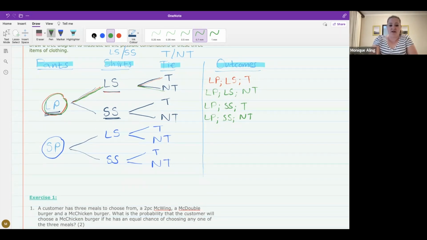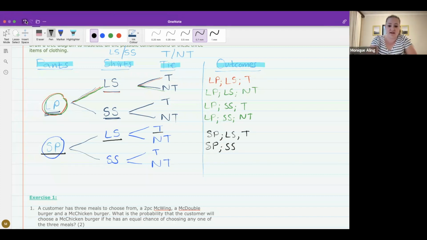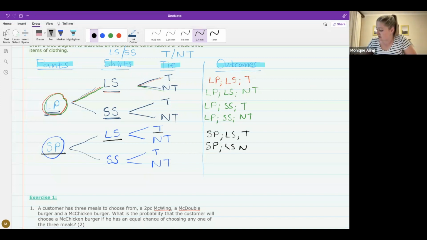Or we could look at short pants, long sleeve, tie. Short pants, long sleeve, no tie. Short pants, short sleeve with a tie.